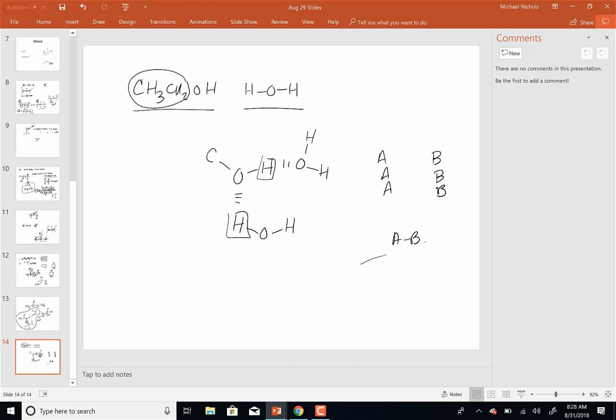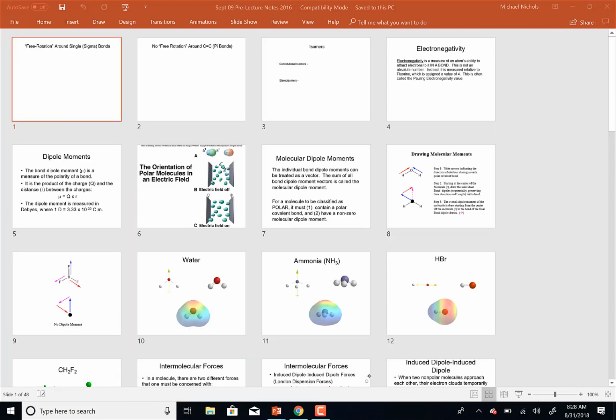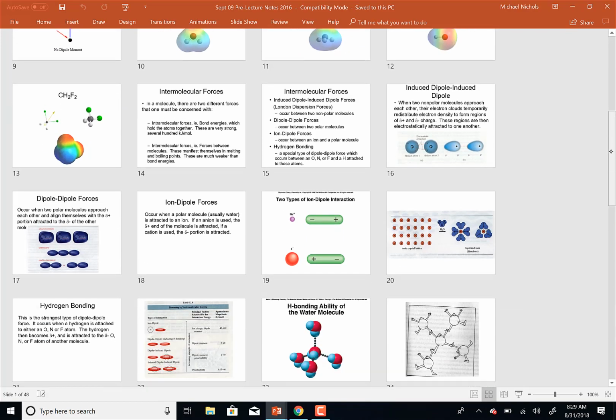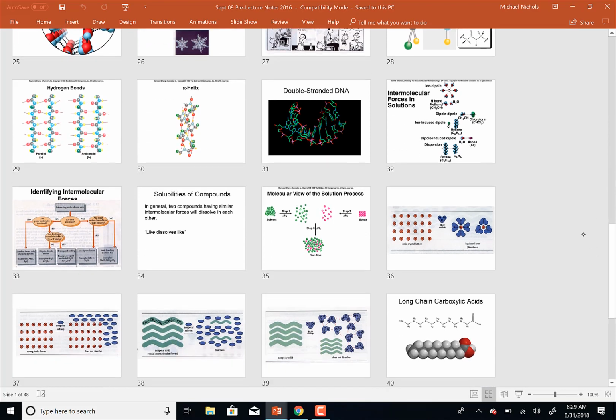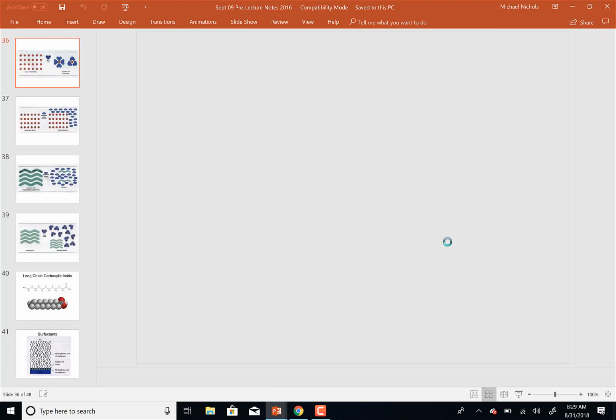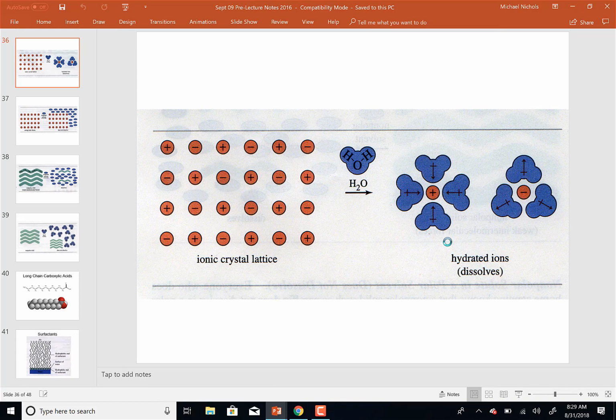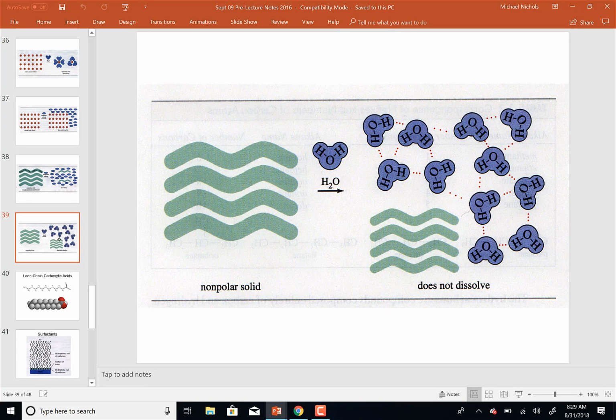I think I had a slide on here. So, well, that's why ionics dissolve here. So here's kind of that reasoning. The green things are the nonpolar groups.